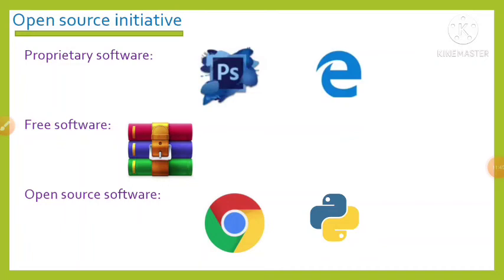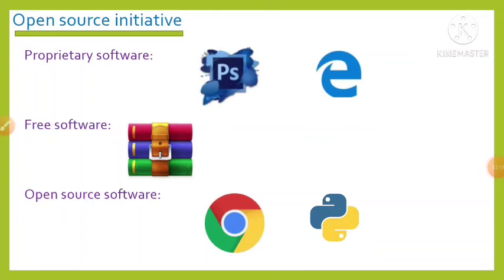And the last one is open source software. Under this software, the source code of the software is made available to the public without any charge or payment. So other people can freely modify the code for serving their needs. This software is generally created by communities of programmers who come together for developing the software and to support users.